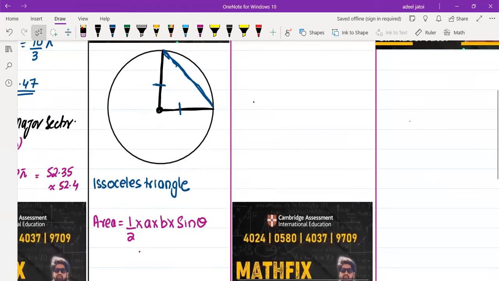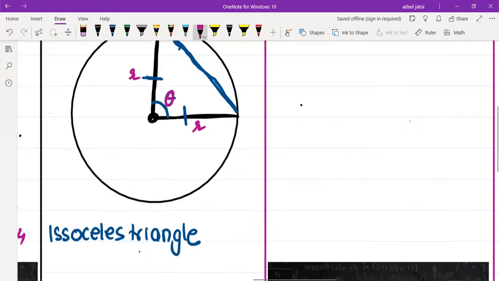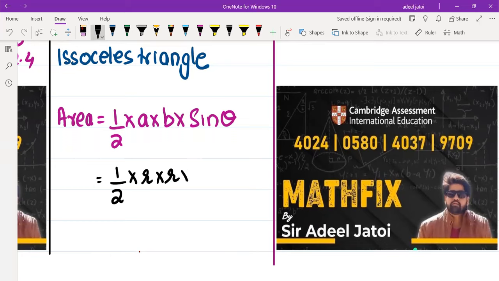In this particular triangle, the angle is given, that will be your theta, but the two adjacent sides will be the radius now. So the formula in mensuration becomes half into A and B, the adjacent sides, which will be R into R into sine theta.